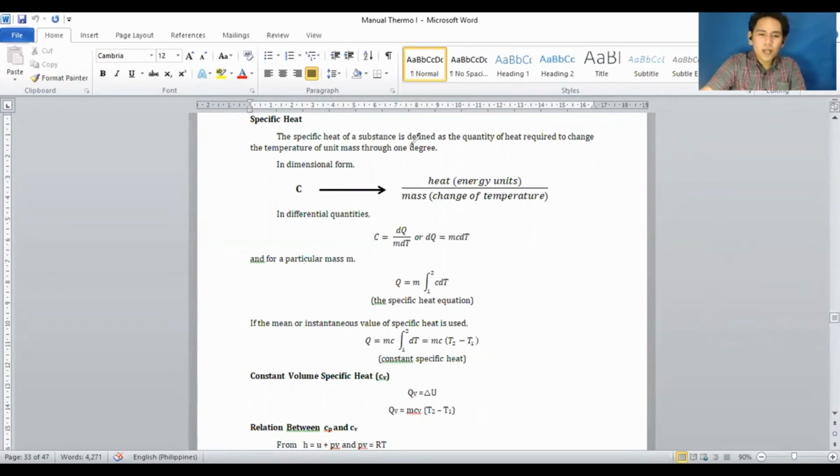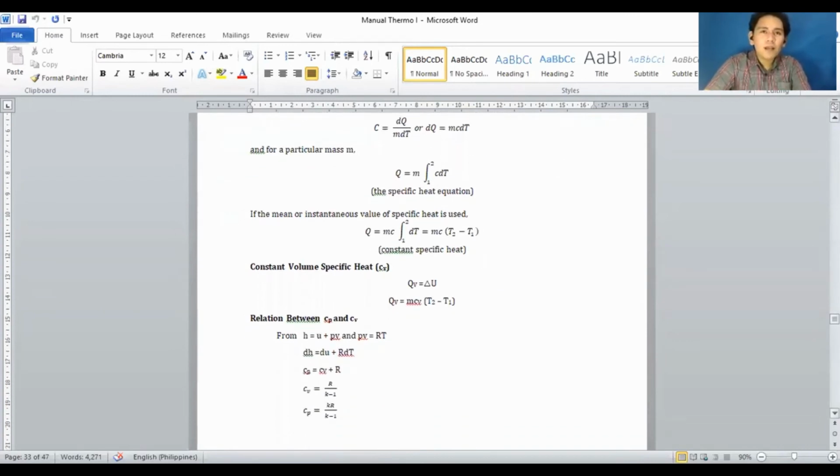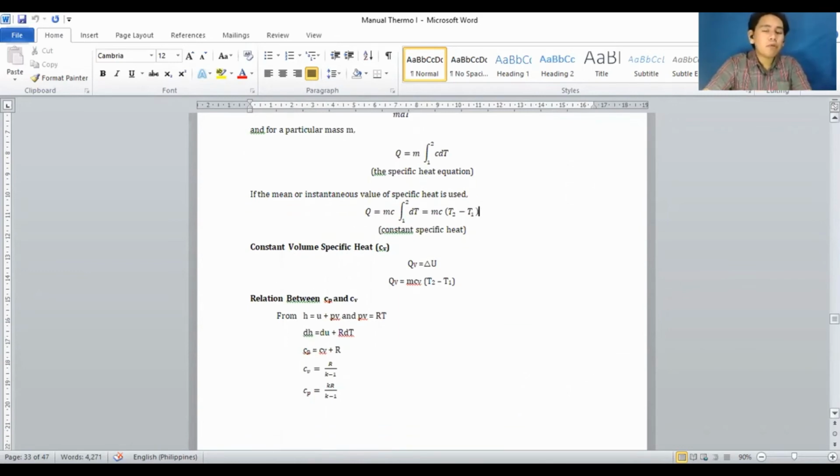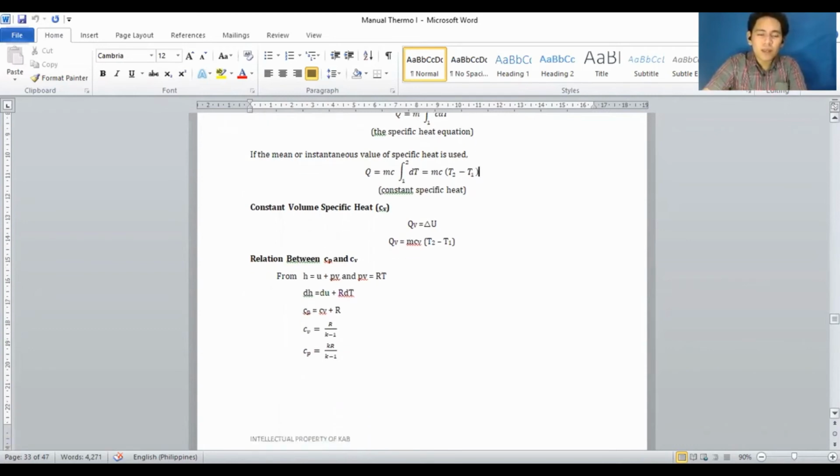Now, your constant volume specific heat, your CV. There are certain problems that will have the value for CV, and there are certain problems that don't. So you have to compute for your CV using these kinds of equations. In constant volume, the constant here would be CV, and in constant pressure, the constant that we're going to use is CP.